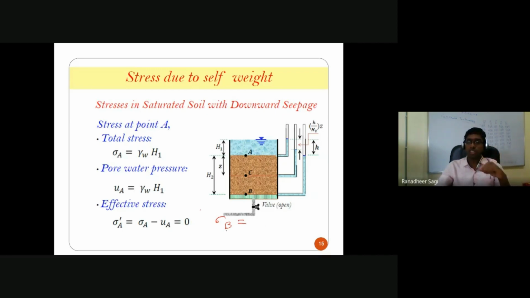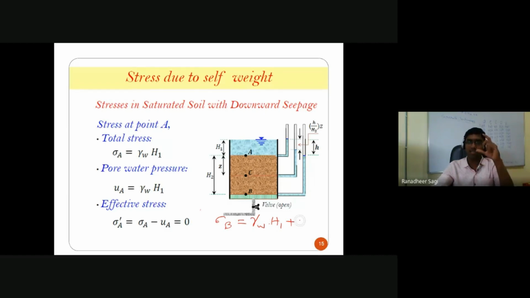Because of the water body, some stress would be developed, that is the unit weight of water into the height of that water body. Then additionally, due to the soil strata, some stress is developed at point B. That is your total stress.